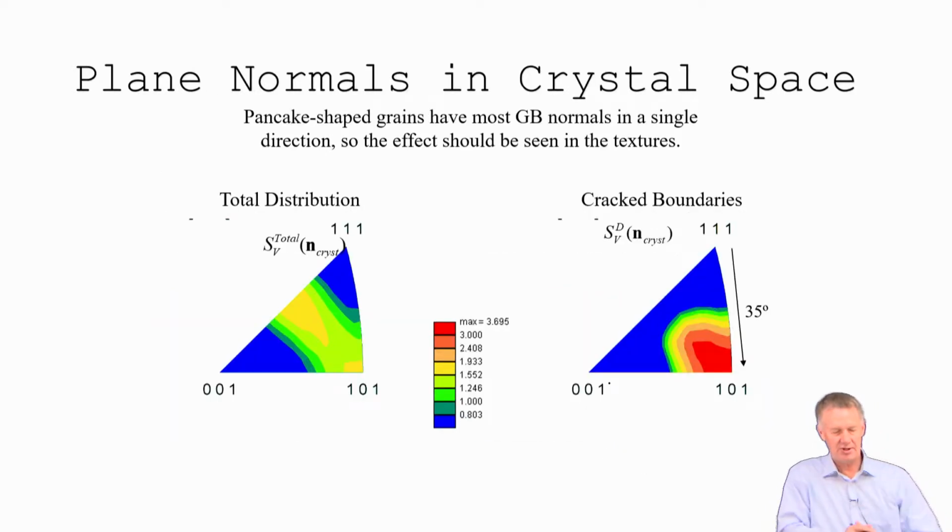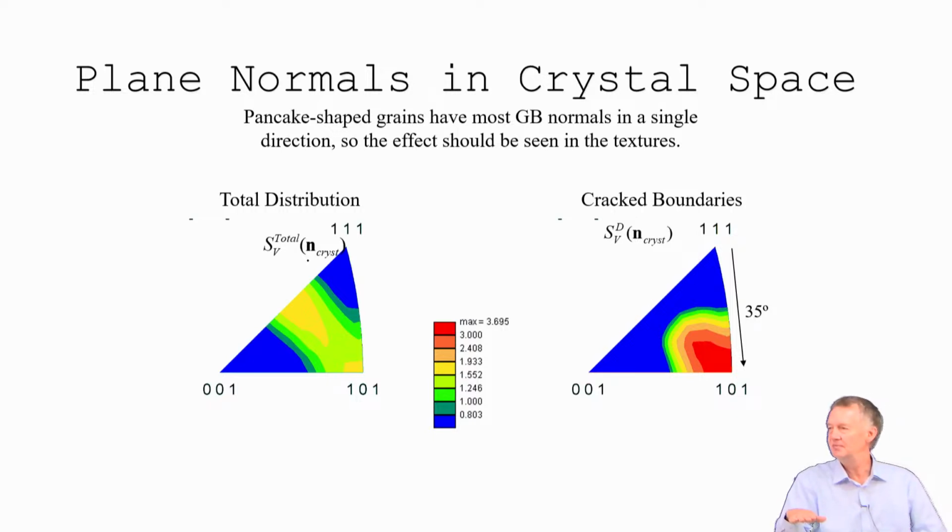All right, so now we look at the distribution. So now this is looking at the plane normals as a function of crystallography. So what we're trying to look at is what the normal to the grain boundary plane is in the space of the crystal lattice. We know as far as the specimen coordinate frame that they're all kind of lying in the plane, right?